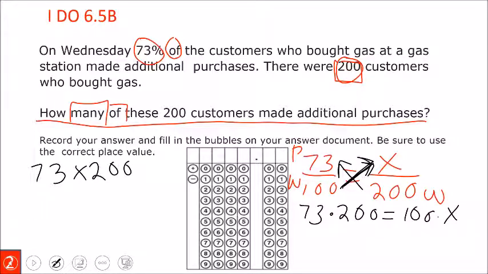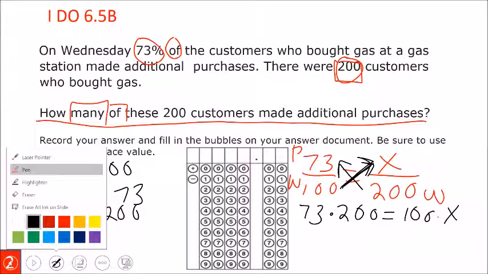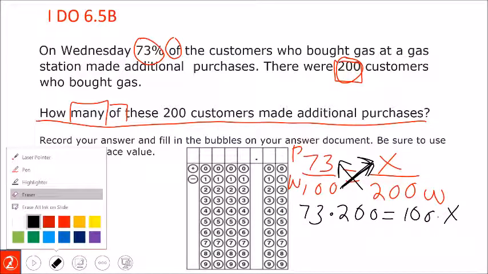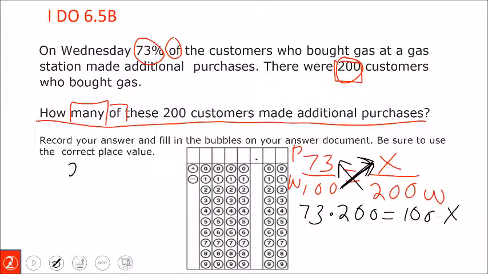I need to make sure I do this right. So I could just write it 73 times 200 like that, but that's not going to serve me very well. I'm going to erase that. Let me write this another way. So 200 times 73.